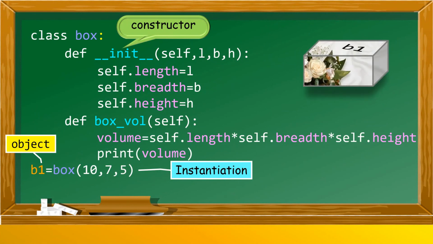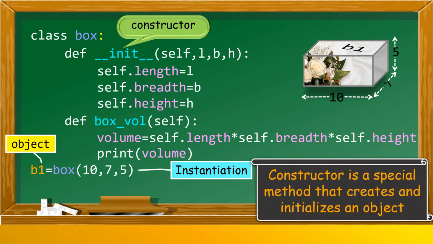Object B1 is created by the constructor with values 10, 7 and 5 for length, breadth and height attributes. Constructor is a special method that creates and initializes an object.